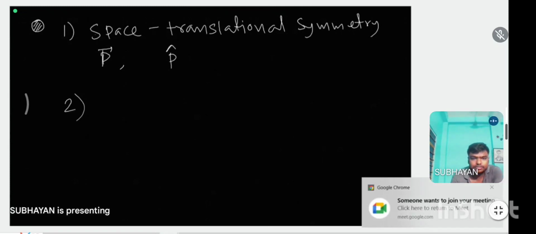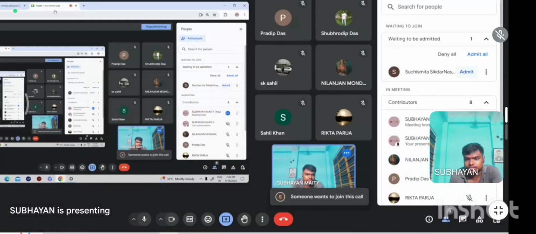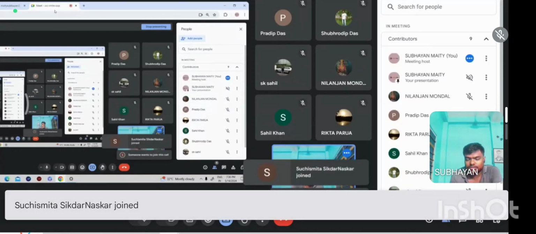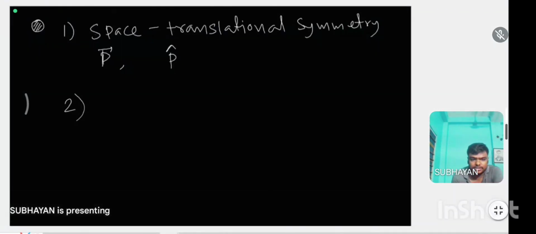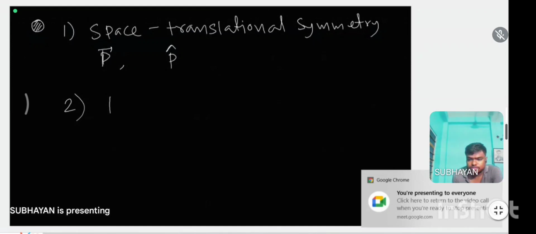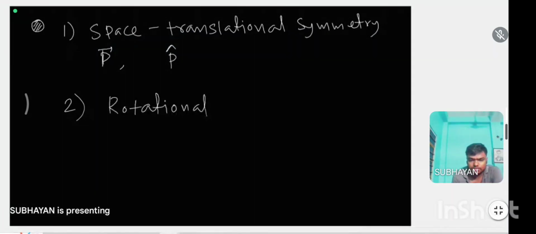Second is rotational symmetry. And the generator of rotational symmetry is angular momentum.